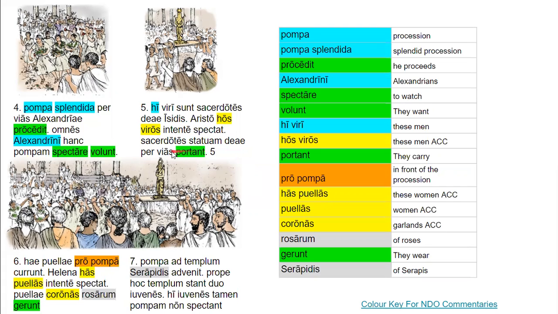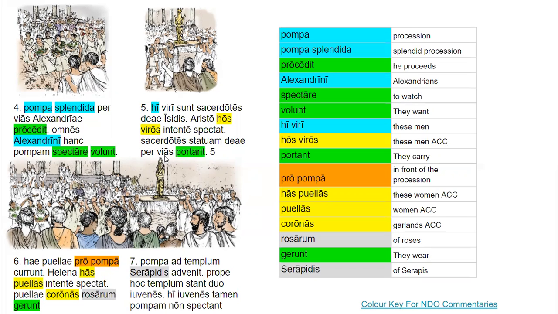Sacerdotes statuam Deae per vias portant. So the priests are carrying the statue of the goddess through the streets. This is very common for a lot of ancient religions, and actually some modern religions, because remember that the statue was the embodiment, the physical manifestation of a particular deity.